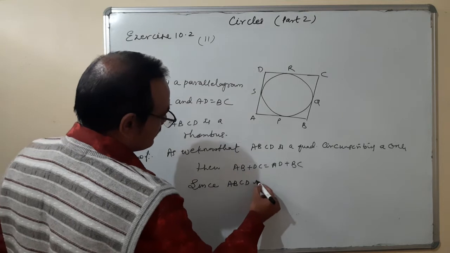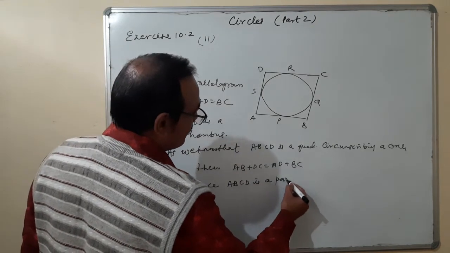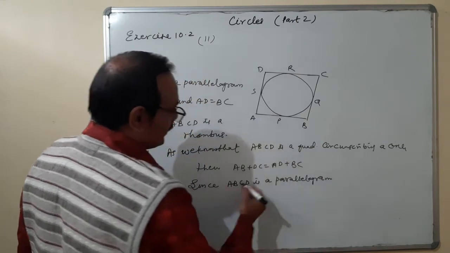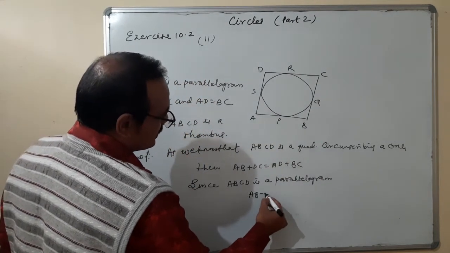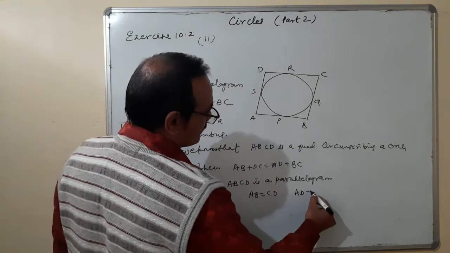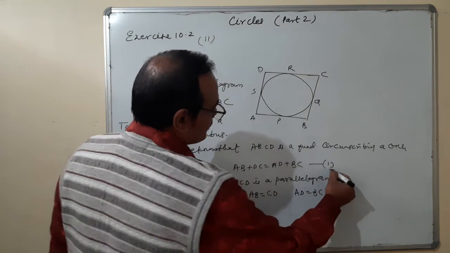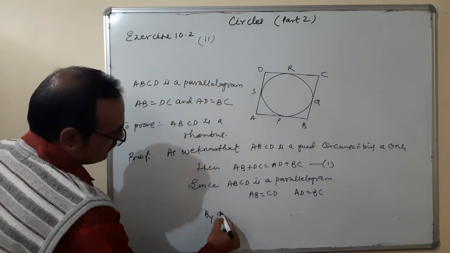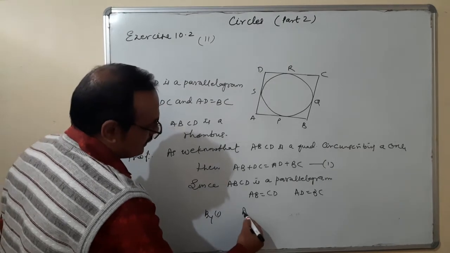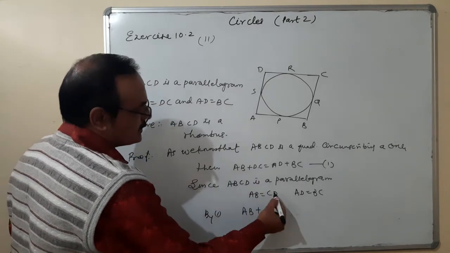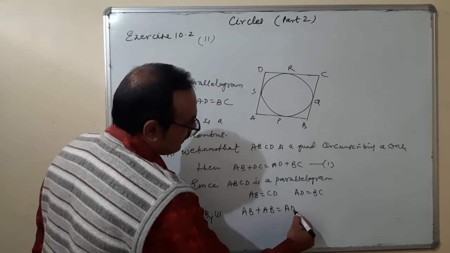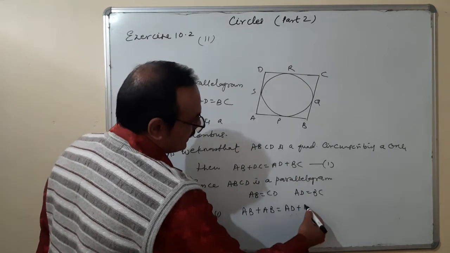Since ABCD is a parallelogram, that means AB is equal to CD and AD is equal to BC. So in place of AB or CD, I am writing AB as it is, in place of DC I am writing AB, is equal to AD plus, in place of BC, AD.